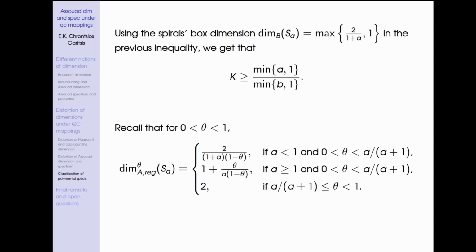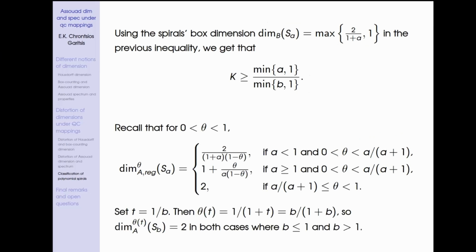To fully solve this problem, we would need a couple of values for the spectrum. So I rewrite here the formula for the spectrum of a spiral SA, making it visible where the phase transition happens. And by choosing T as 1 over B, then theta of T is B over 1 plus B. So the theta of T spectrum of SB would be exactly equal to 2, whether B is less or equal to 1 or B is greater than 1.